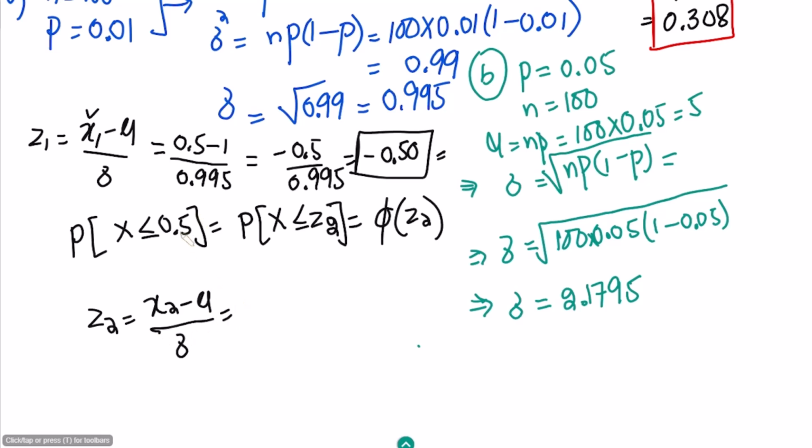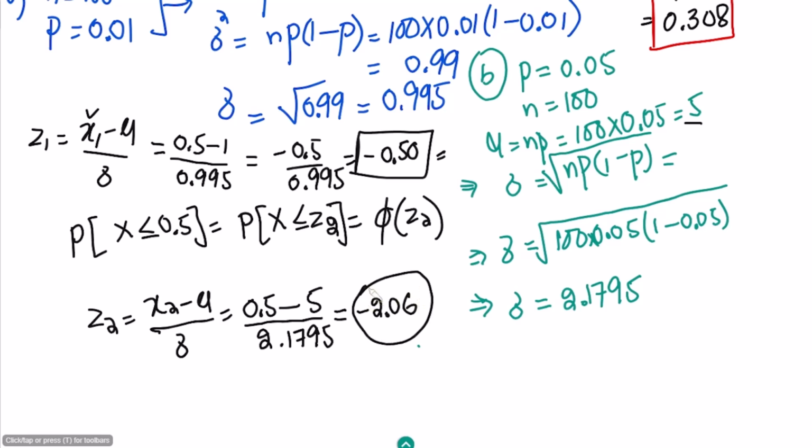The value of x2 is 0.5 again, mu is now 5, and sigma is 2.1795, and the output will be minus 2.06. So we get the probability that x is less than or equal to minus 2.06.